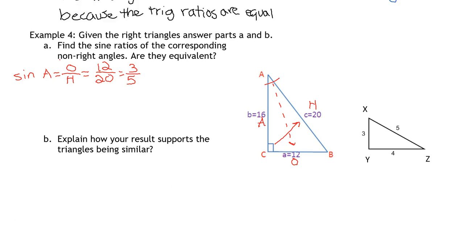Now I need to do my other angle in this triangle, just like we did before. So again, I have my hypotenuse, the opposite side, and the adjacent side. So, sine of B is also going to be opposite over hypotenuse. Now my opposite side is 16, hypotenuse is still 20, and that's 4 out of 5.